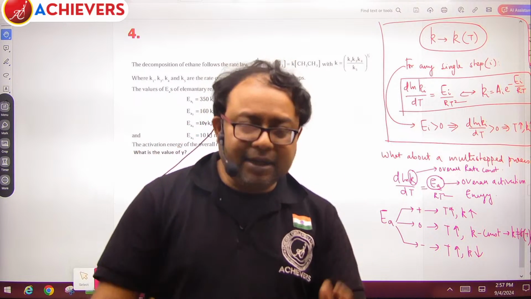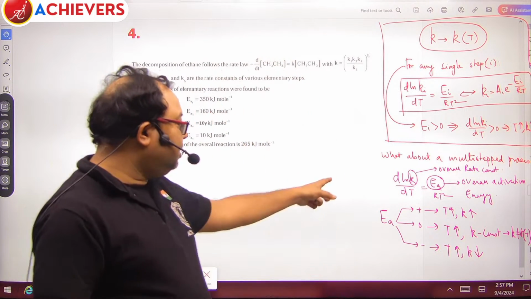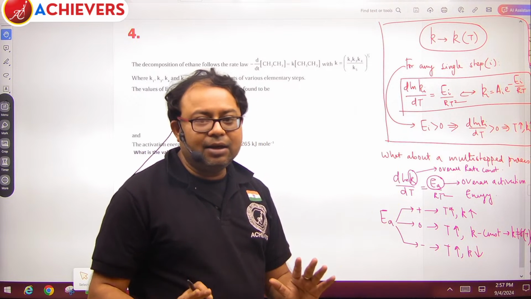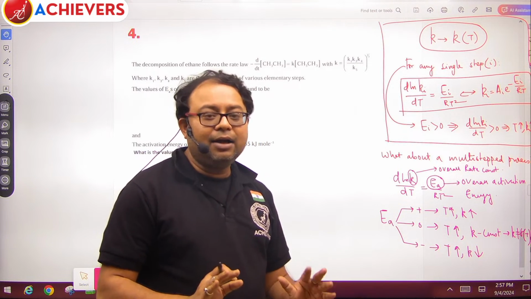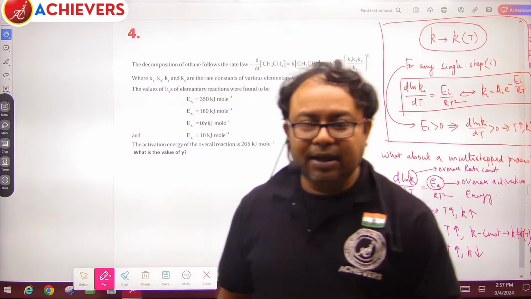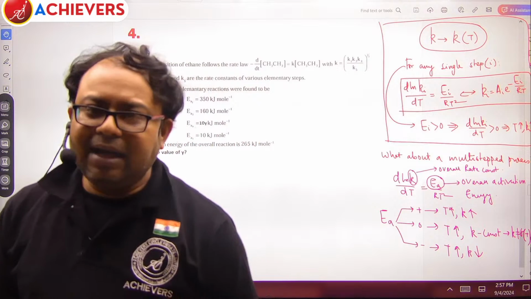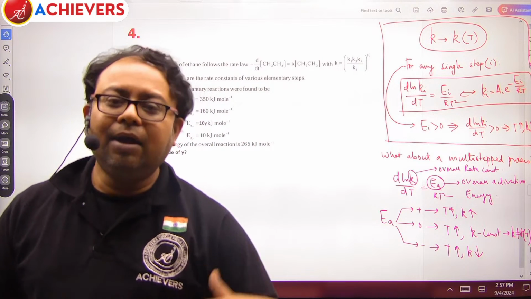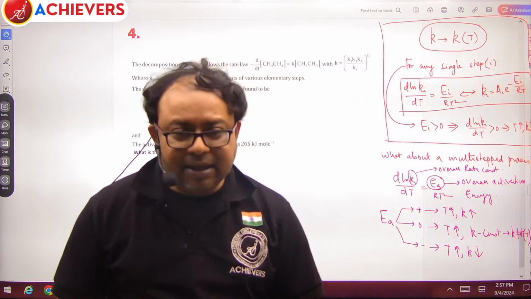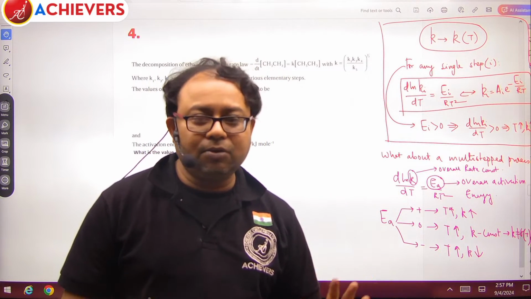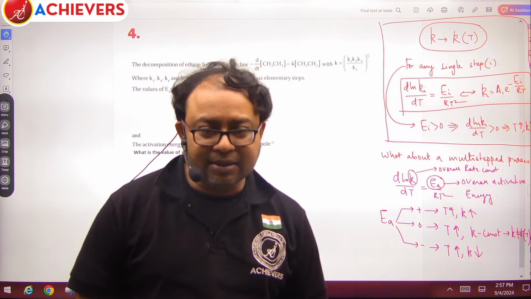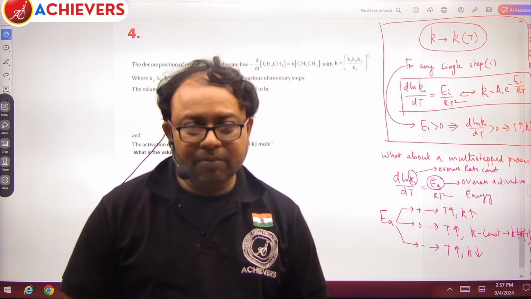But if it is a multi-step process, then the form of the differential equation is valid, but the condition that with increase in temperature the overall rate constant will always increase is not valid. There can be three options. Either with increase in temperature the overall rate constant is increasing or decreasing, or it is indifferent to the variation of temperature. So all three cases may be possible.